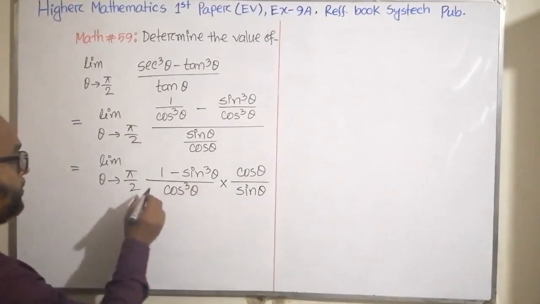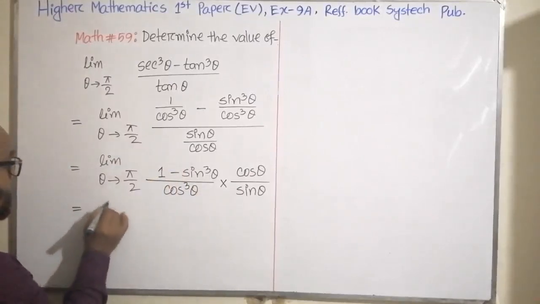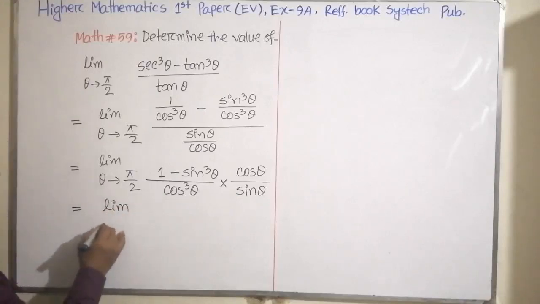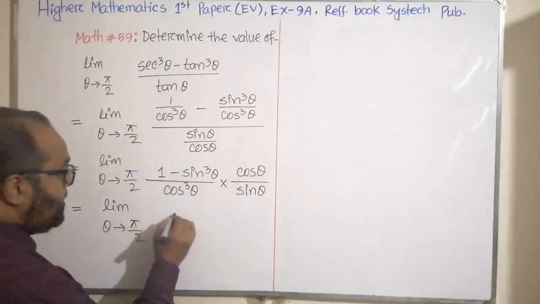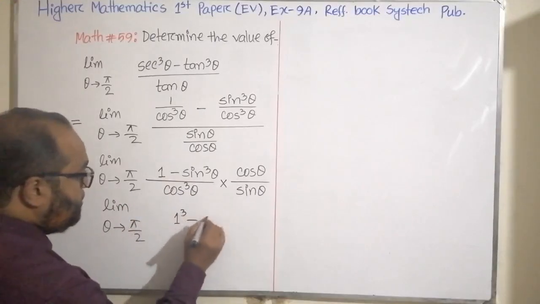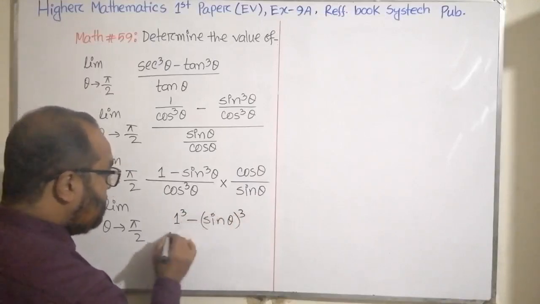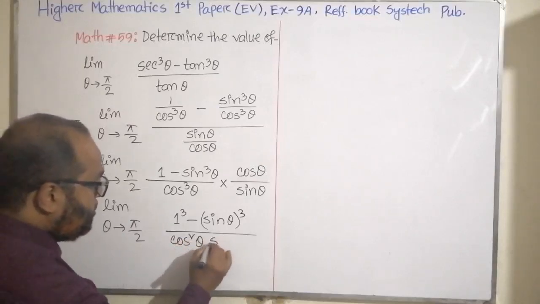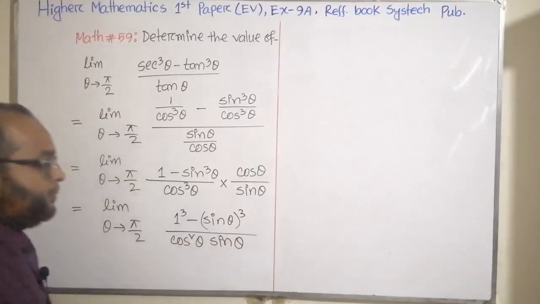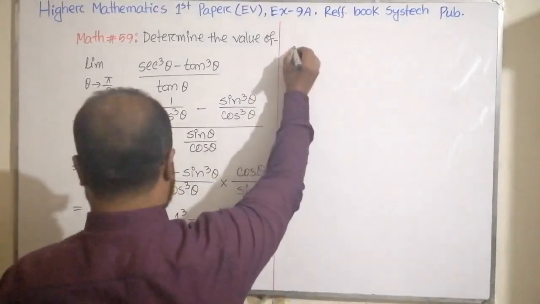Okay, now we can give a formula of a cube minus b cube. This is limit theta tends to pi by 2, and we can write this as 1 cube minus sin theta whole cube divided by cos square theta into sin theta. Now here we give the formula of a cube minus b cube.